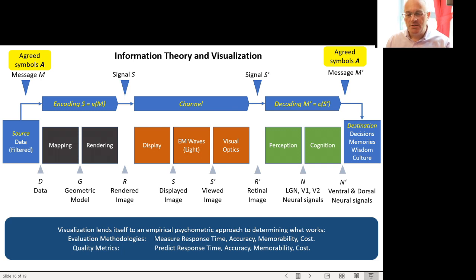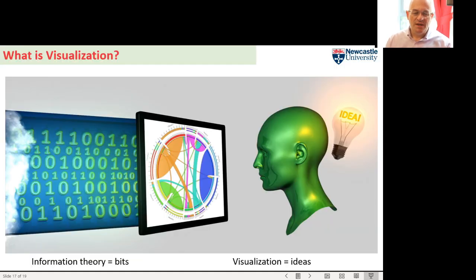We're not looking to challenge people's thinking in an artistic way, but we are looking to convey the same information to everybody if we can, so that there will be some agreement if you ask people what a visualization meant. So on the left here, information theory talks about bits and coding bits, and on the right, visualization theory talks about ideas and meaning and understanding.